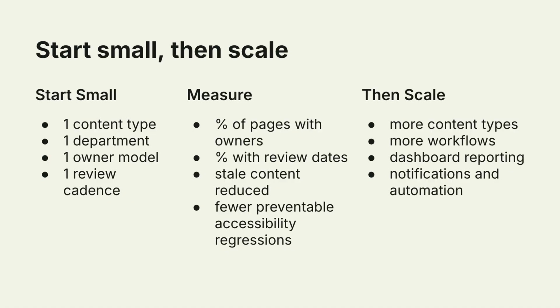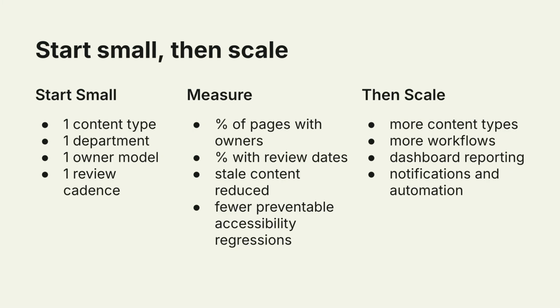When you're implementing this for the first time, you're going to want to implement it in a small way first. That way you can work with the users, demonstrate the value, establish the metrics, and then have a path forward to scale.